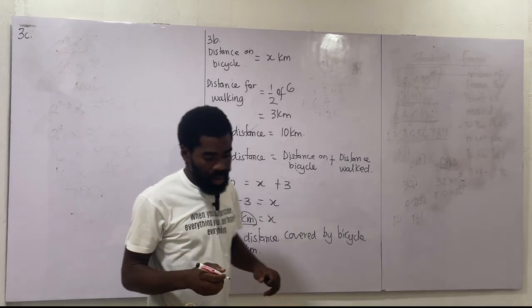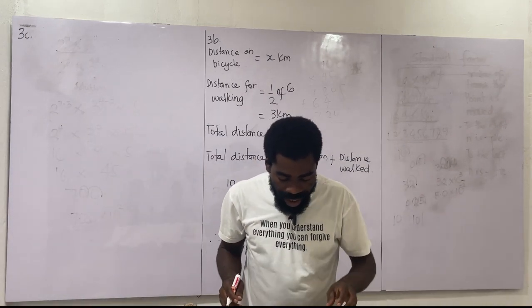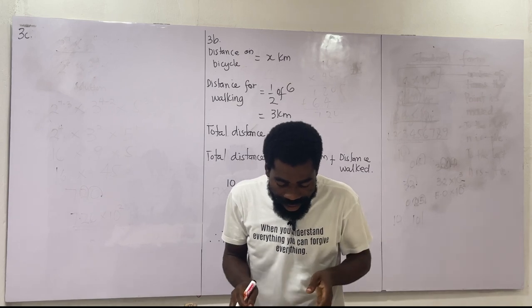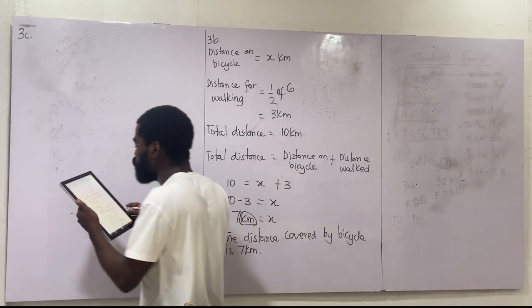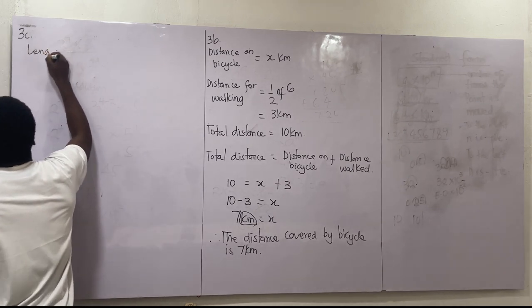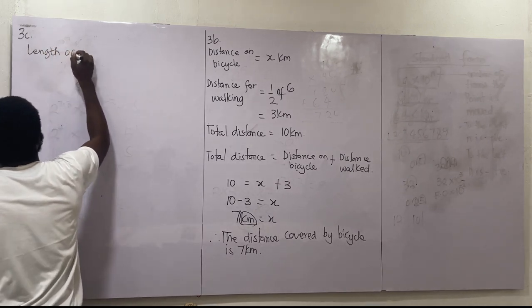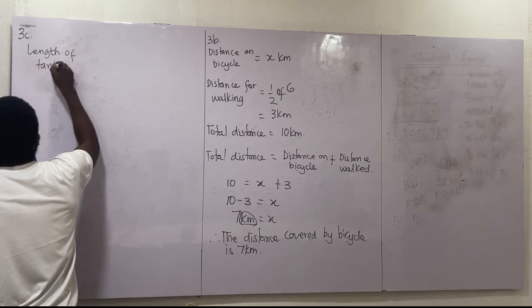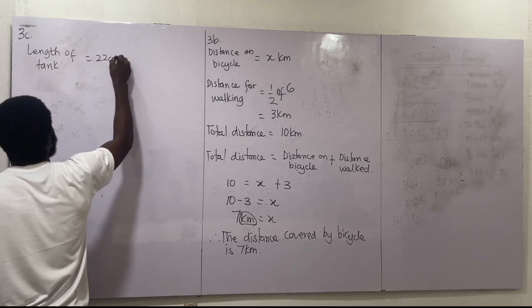Question 3C. Let's go. A rectangular tank of length 22 cm. So length of tank equals 22 cm per question.